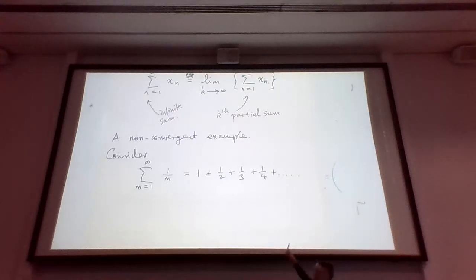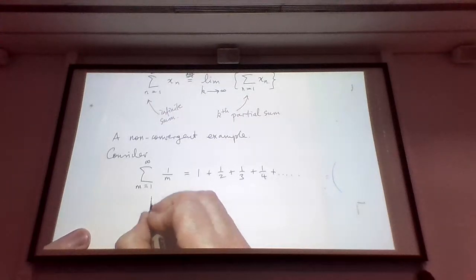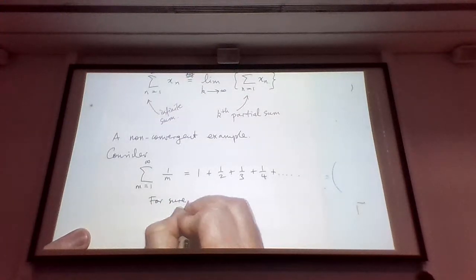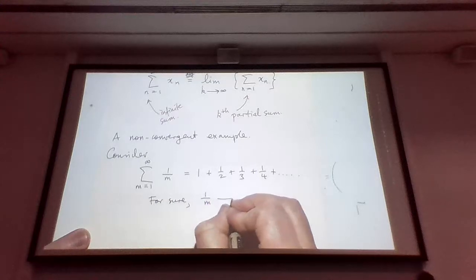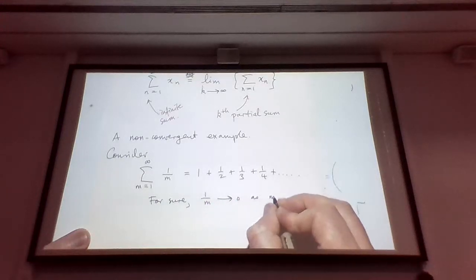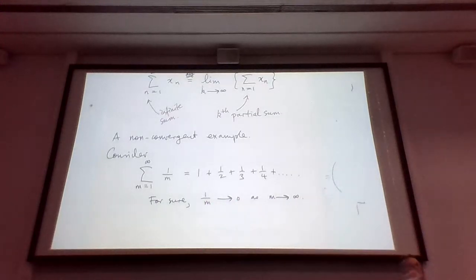The 1 over m's are converging to 0 as m goes to infinity. Elements of the series are getting smaller and smaller. So we may be tempted to think that this infinite series maybe has a finite value as well.